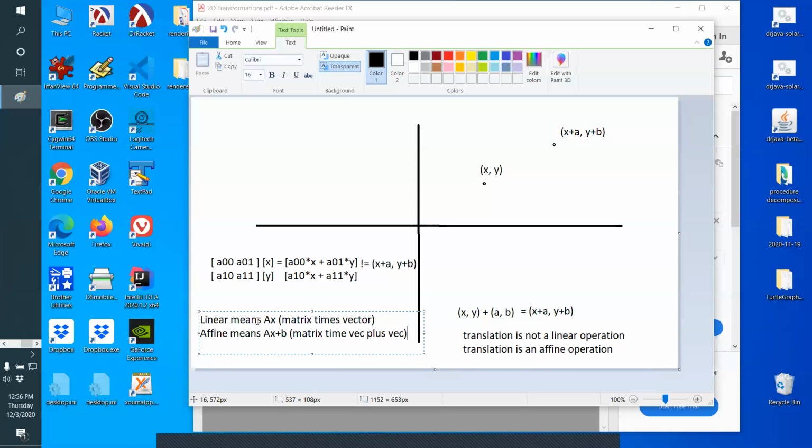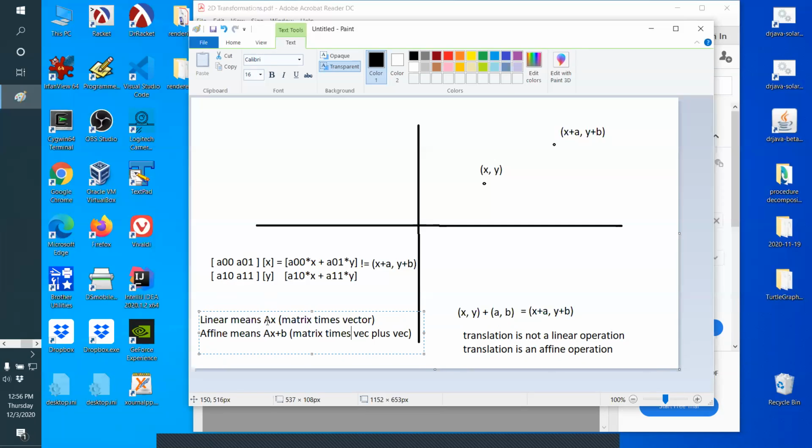Linear means just matrix times vector. Affine means matrix times vector plus vector. Notice that this is mx and this is mx plus b. The matrix plays the role of m. It's kind of like the slope of something. The numbers in the matrix are kind of like generalized slopes.